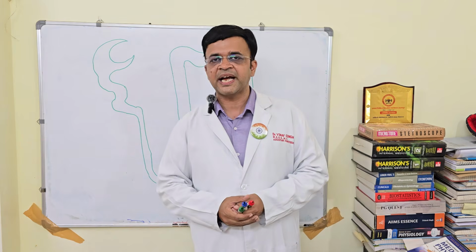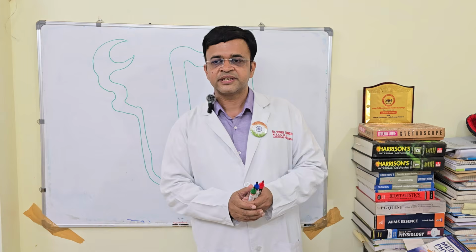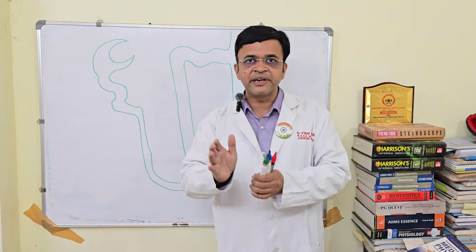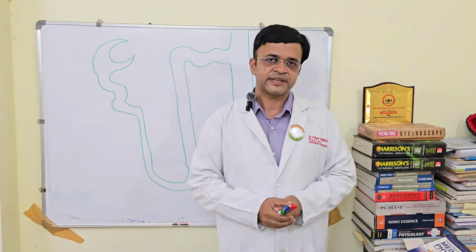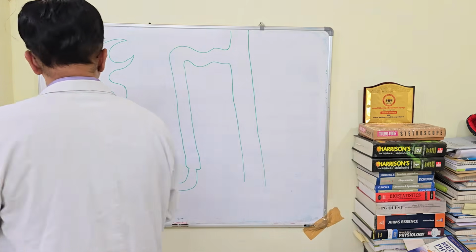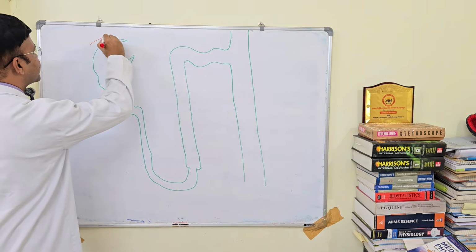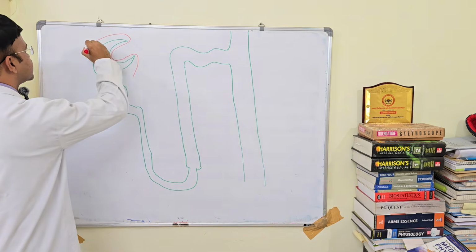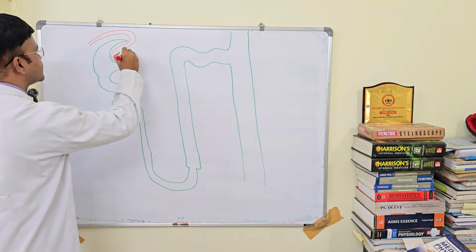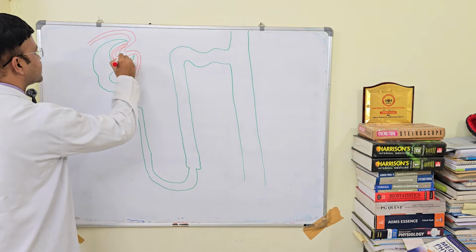So basically we divide acute renal failure into three causative varieties: pre-renal, intrarenal and post-renal. Let's start with our pre-renal cause. So the afferent arteriole is coming over here, and it is getting distributed into many small glomerular vessels.